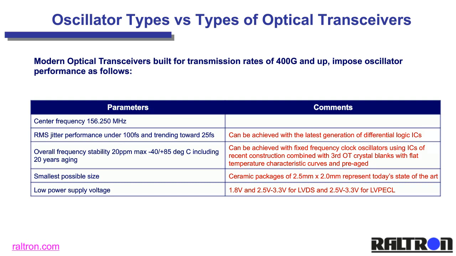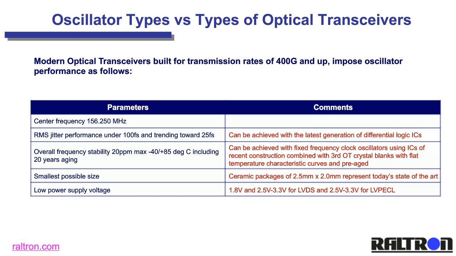We are talking about temperature stability from -40 to +85 degrees, plus power supply variations, plus shock and vibration, and aging 20 years. So all these variations together must be inside 20 ppm max.